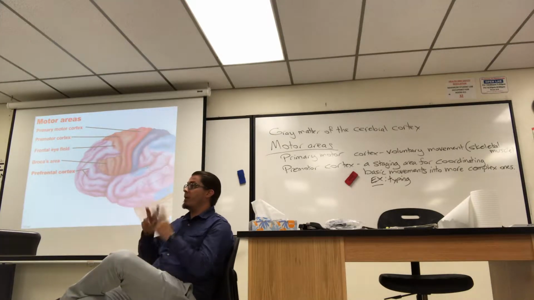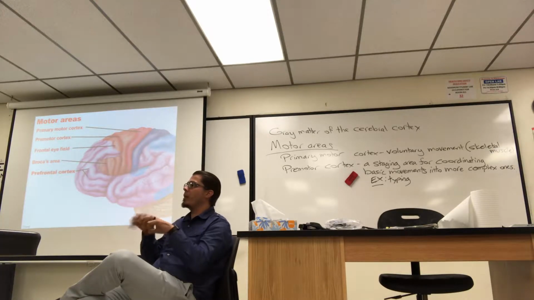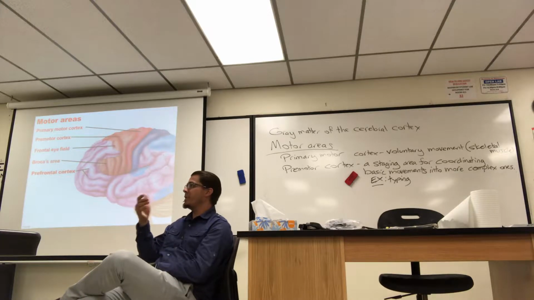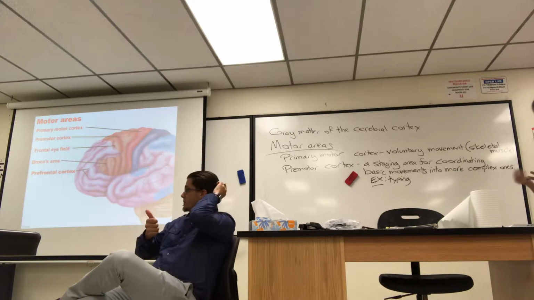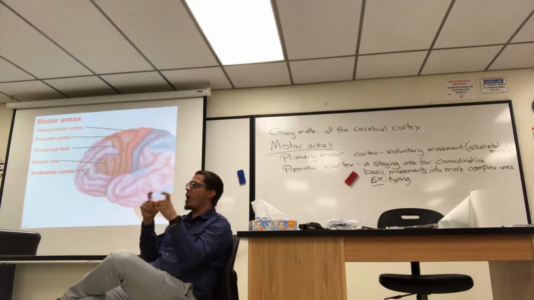It's very complex. You take basic movements and in the learning process, they become more complex ones. Another common example is playing a musical instrument, maybe a piano, okay? So those kinds of things. It kind of stages the area for coordinating these basic movements into more complex ones.